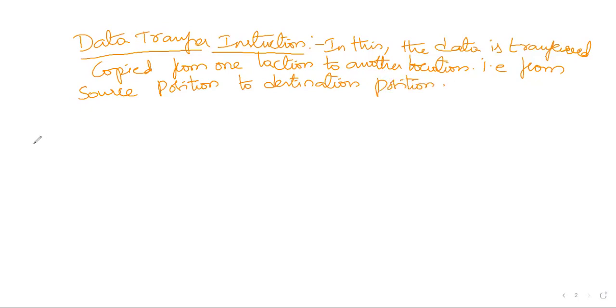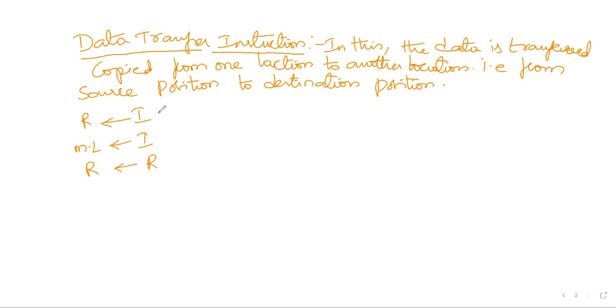Now, what can be a source and what can be a destination? Here, immediate data can be transferred to a register, or immediate data can be transferred to a memory location, or the data from a register is transferred to another register. Likewise, in these types, the data can be transferred.